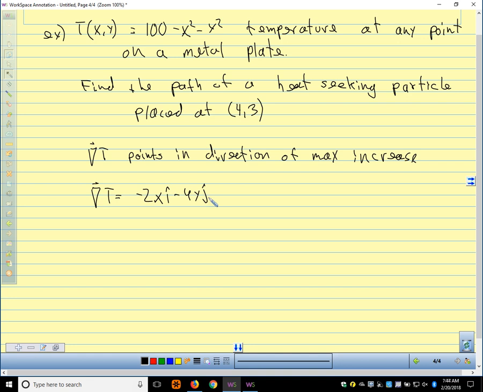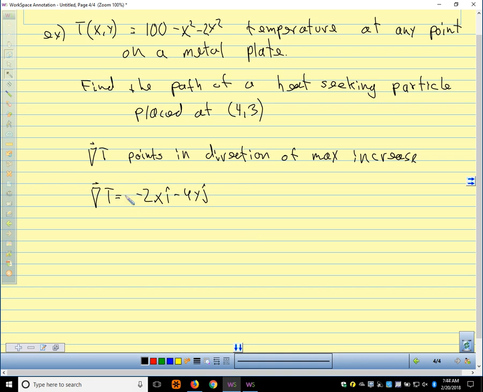All right, so the path means, is it 4? Not 4? 2? Oh, I want a 2 here. Well, and when it says find the path, that means an equation like y equals some kind of equation for the curve that this particle travels on.